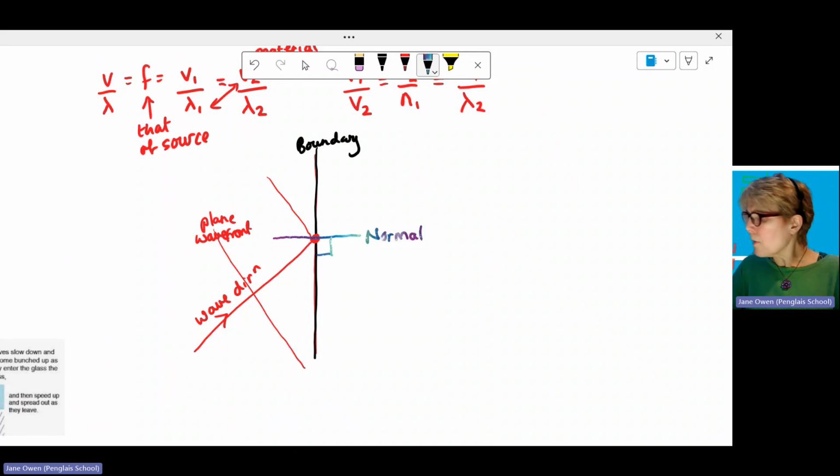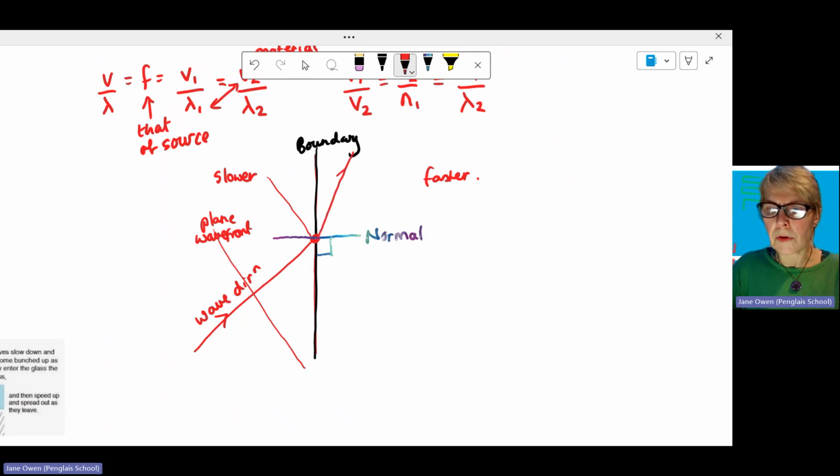Then if you've got a slower medium going into a faster medium, the wave direction bends away from the normal. Instead of carrying on straight, because it's faster, it'll bend away from the normal like this. Now we've got to draw at right angles to that how the wave would be.